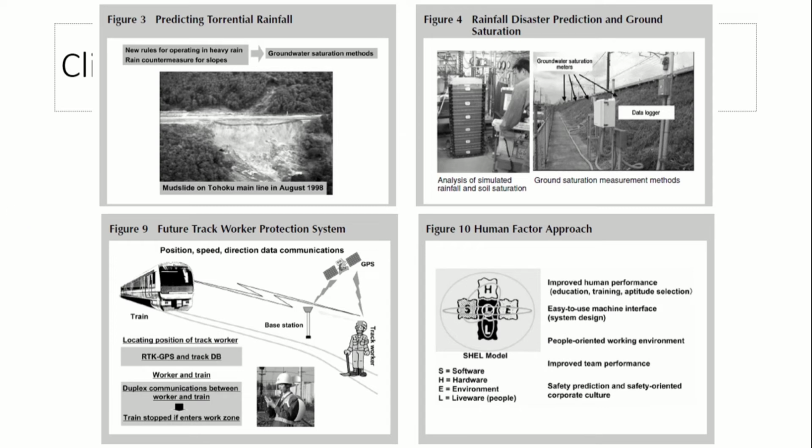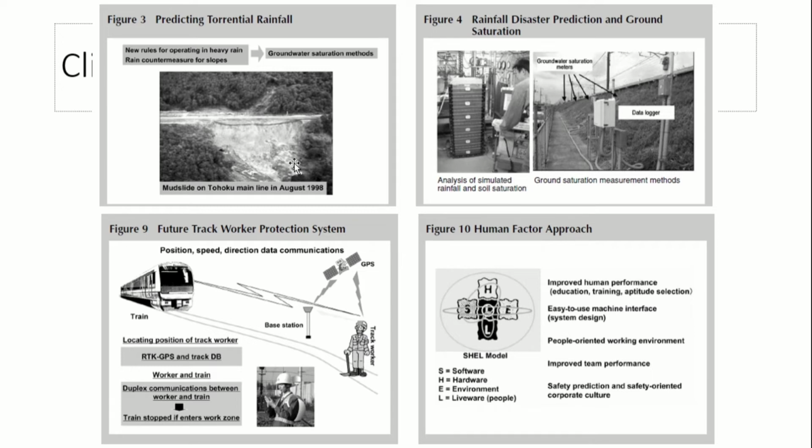So other than that, they also have a prediction on the rainfall and also ground saturation measurement, so that they know when they need to do maintenance on the slope near the rail tracks.